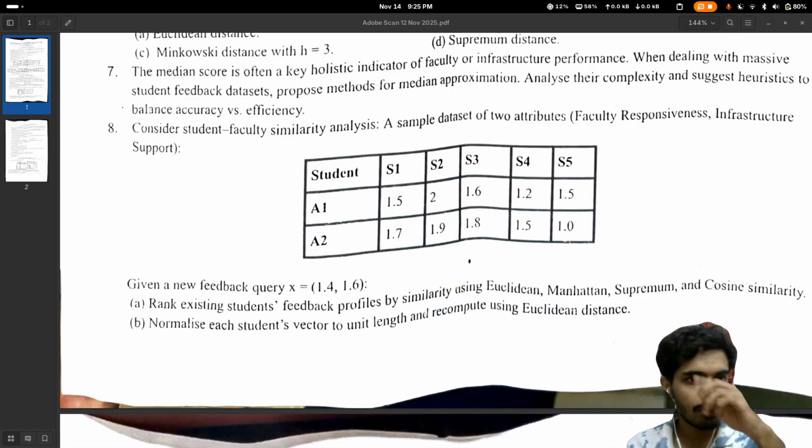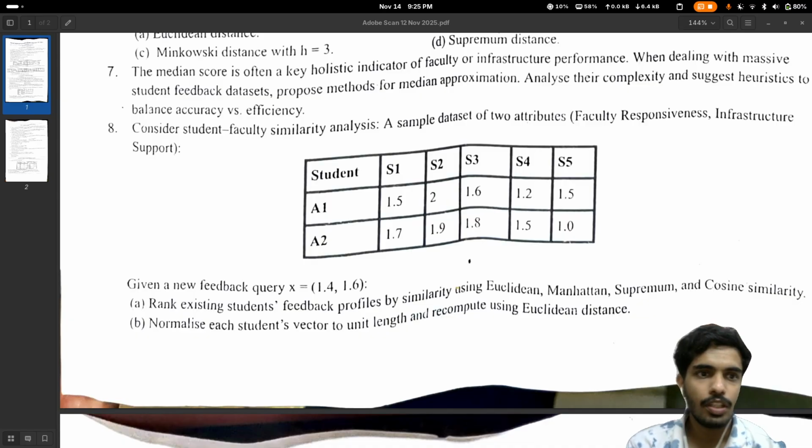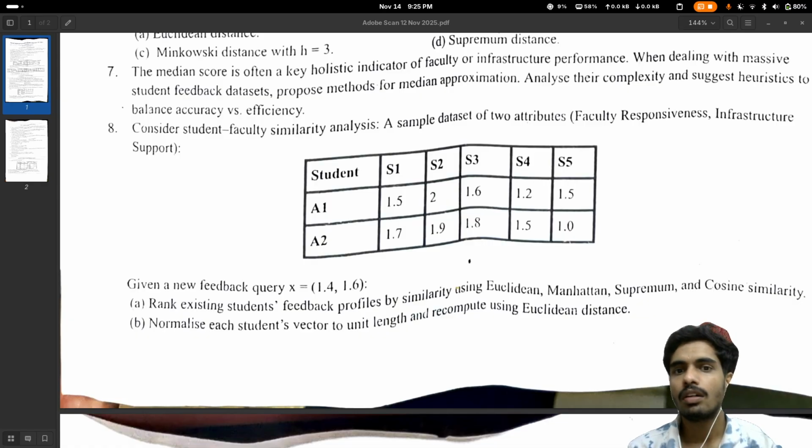Okay, so in this question we need the data of two students. A student faculty similarity analysis has been given, with a sample data set of two attributes: faculty responsiveness and infrastructure support, given for 5 students, where A1, A2 are the attributes. Another random outside student comes up and gives his data, which is 1.4 and 1.6.